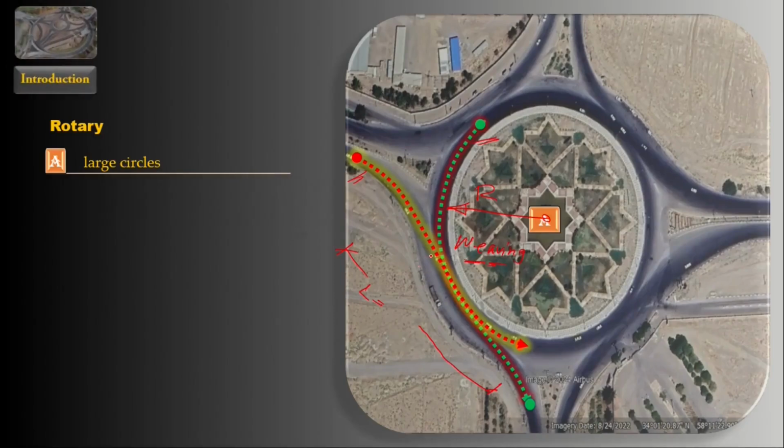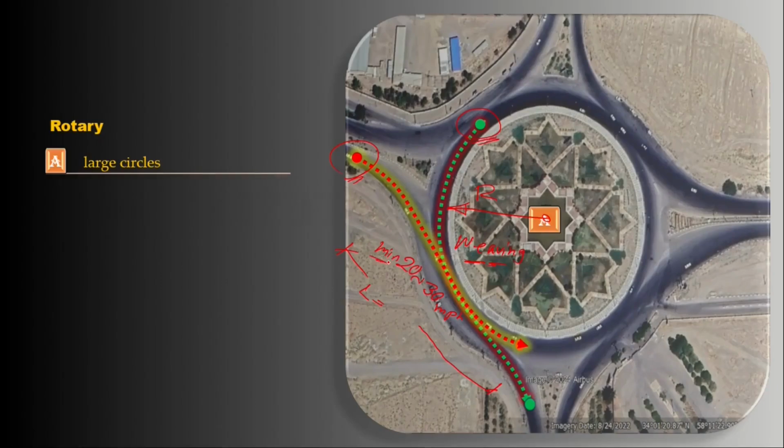At the very least, the speed that entering and circulating movements will be operating at could be 20 to 30 miles per hour, which is optimistic due to the geometry of rotaries. Given this range of speed, the weaving length comes to like 100 to 160 feet.